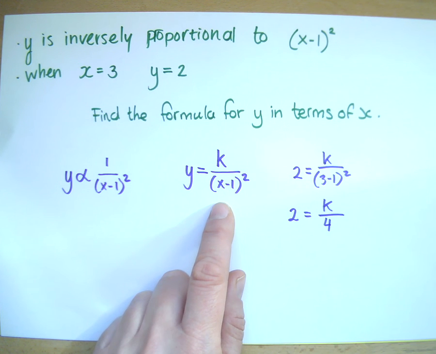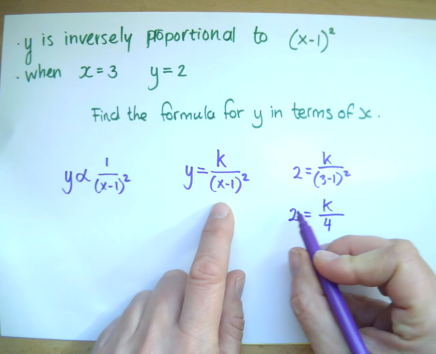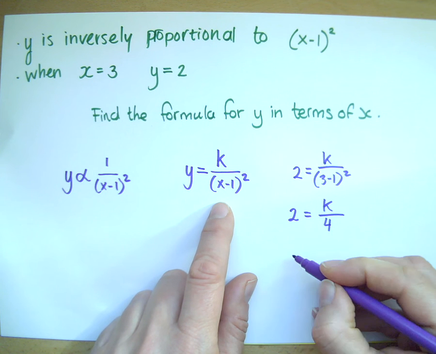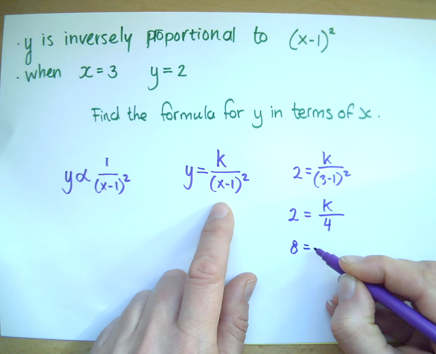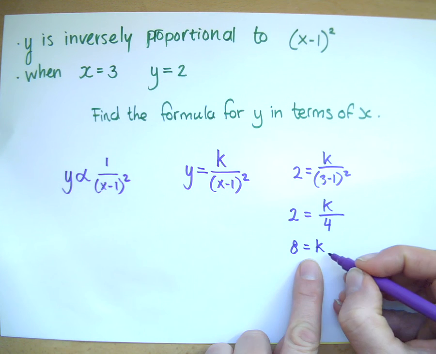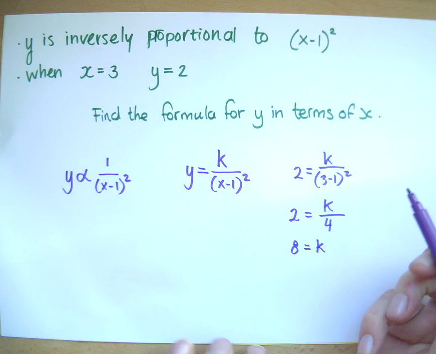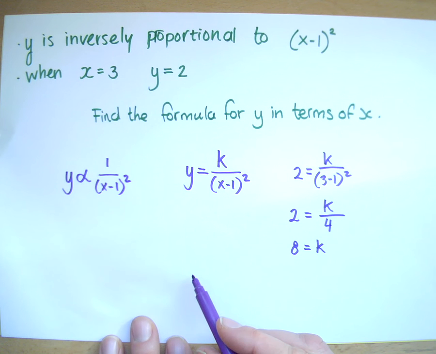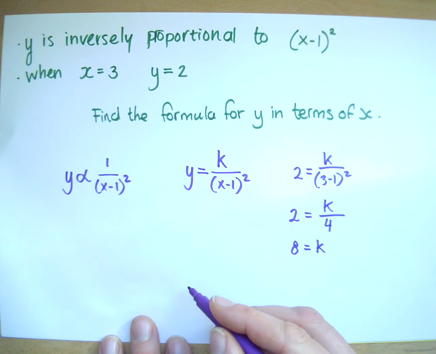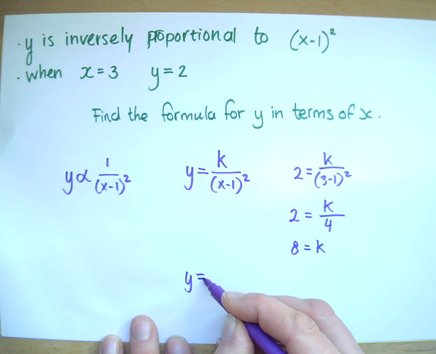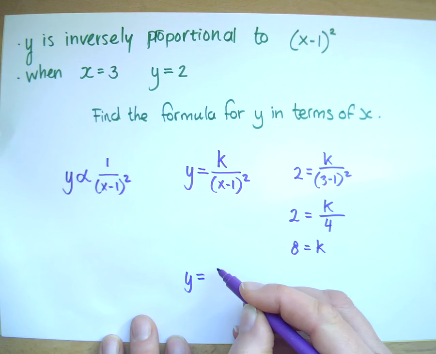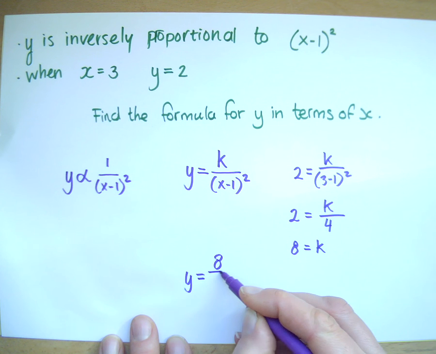So k over 4. Multiply each side by 4, which gives 8 equals k. So we found our k value. We put that into our formula to get our general formula that will allow us to find any combination of 2 points.